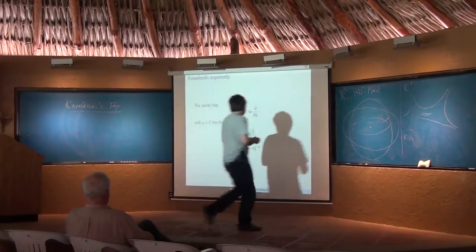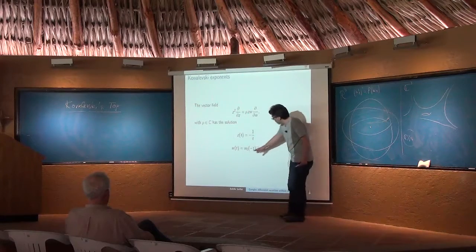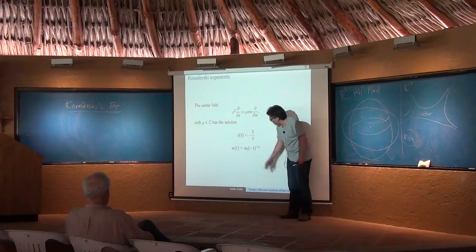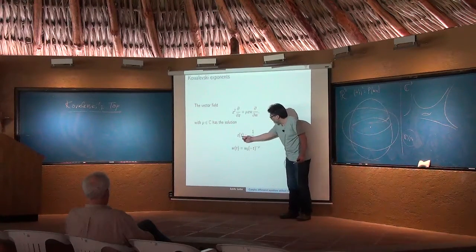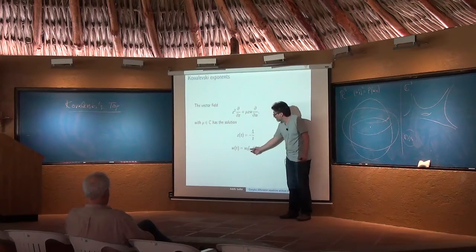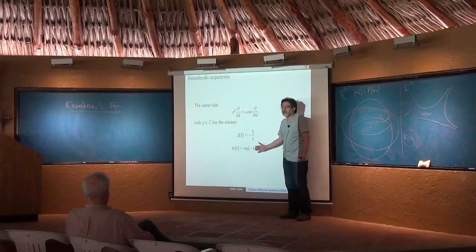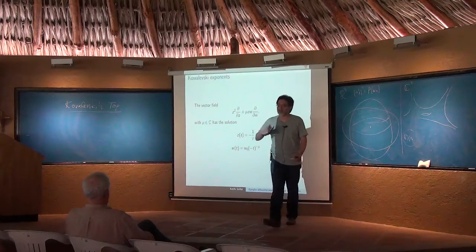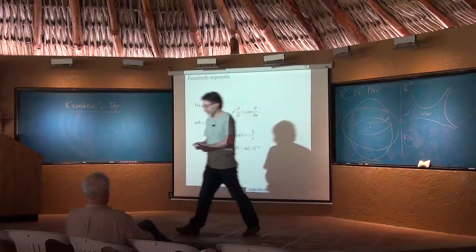But you can also see this. If w0 equals 0, we have the solution z of t equals minus 1 over t, and then w of t equals 0. So you can think of this as a perturbation of the solution (minus 1 over t, 0), and this exponent is some sort of resonance coming into this perturbation.